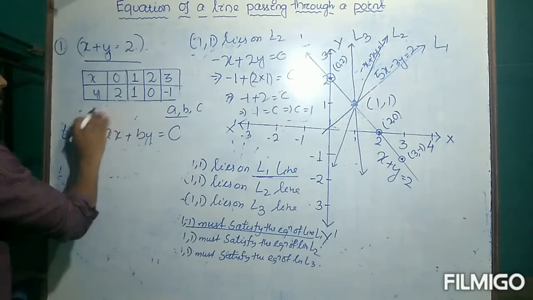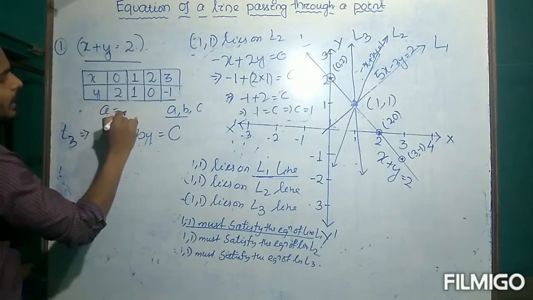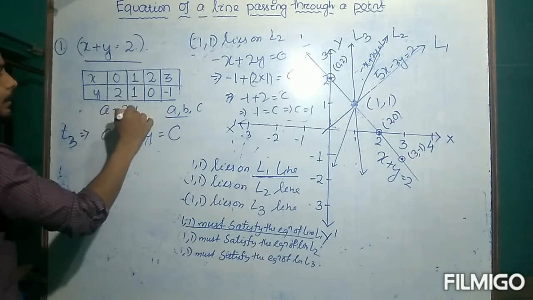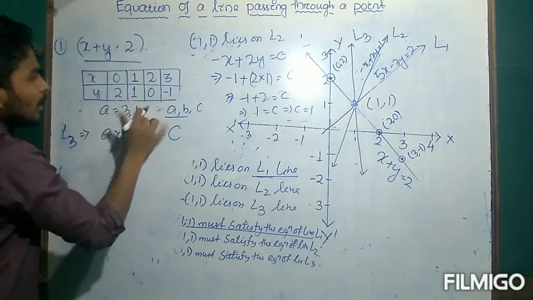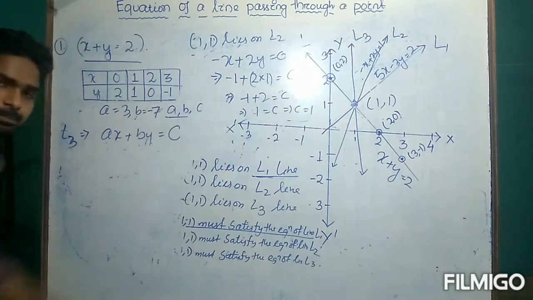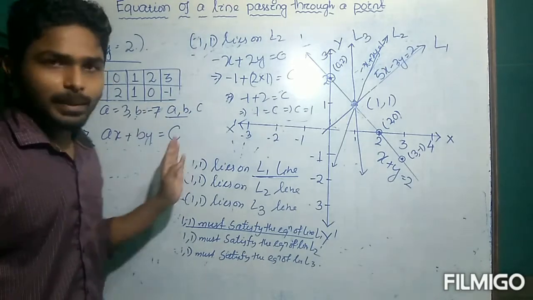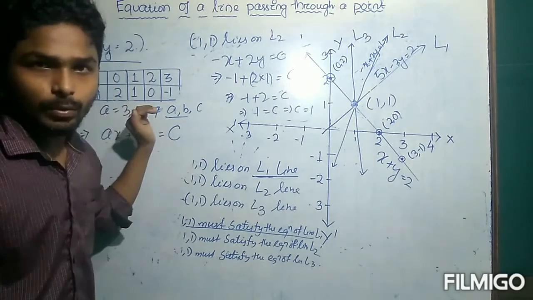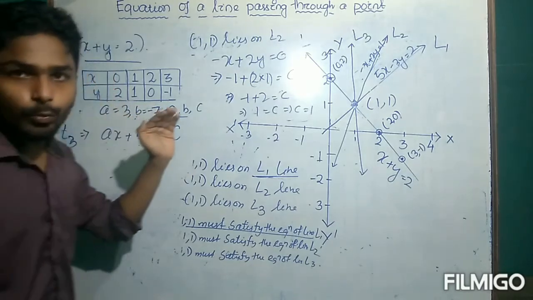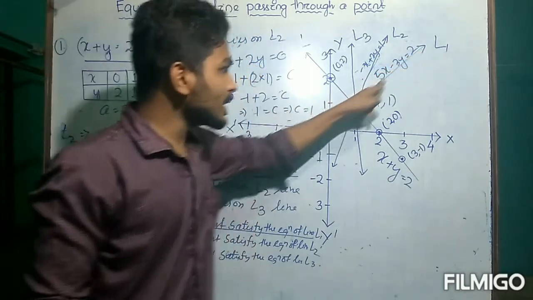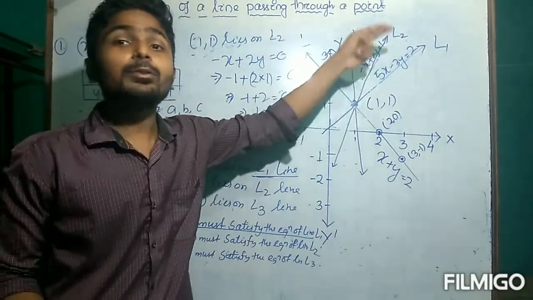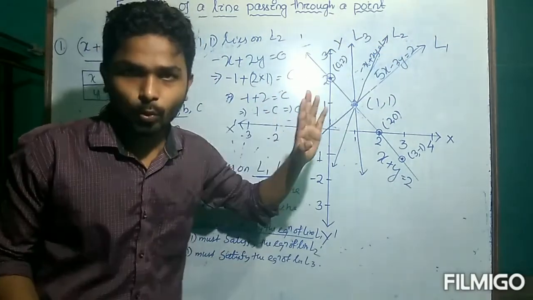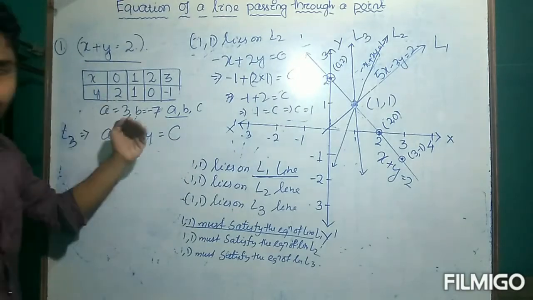Suppose you take a to be 3, b to be minus 7. You have already taken minus 5, that is why I am taking a different value. Do not take the same value. Since here you took a to be 5, b to be minus 3, you shouldn't take a to be 5 and b to be minus 3 for another equation. You should take different values.